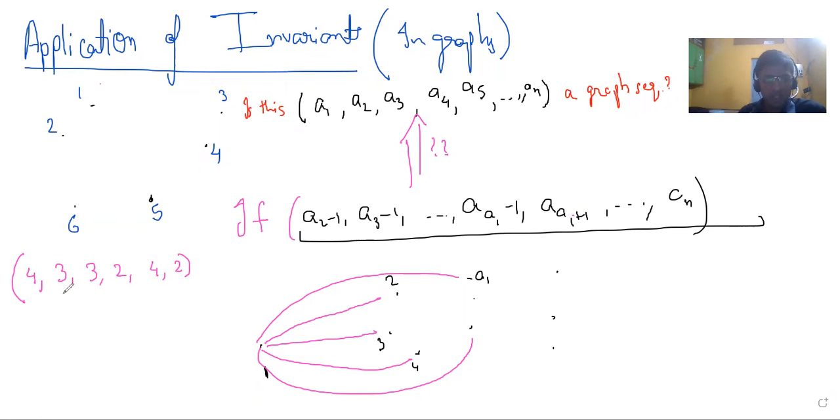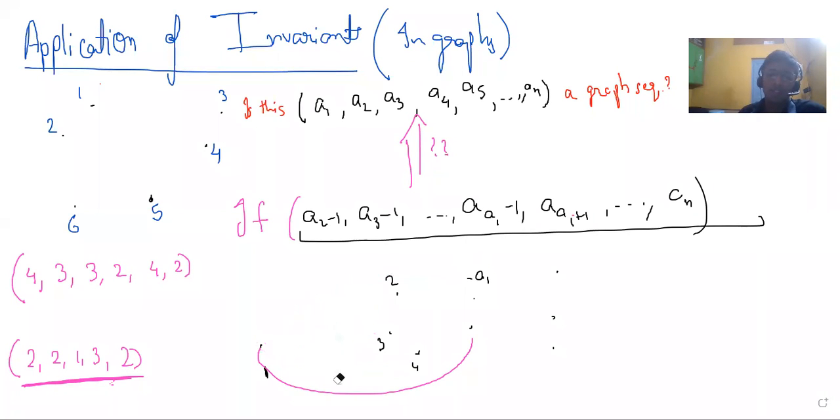So I want to know if this is a graphic sequence, but then if I told you that this one, you see, one is decreased from the second to fourth, fifth position. If there was a graph for this bottom one, then I can make a graph for the top one also, right?